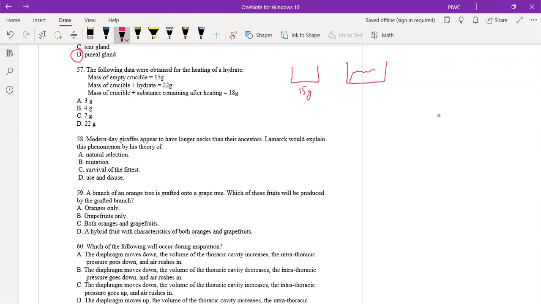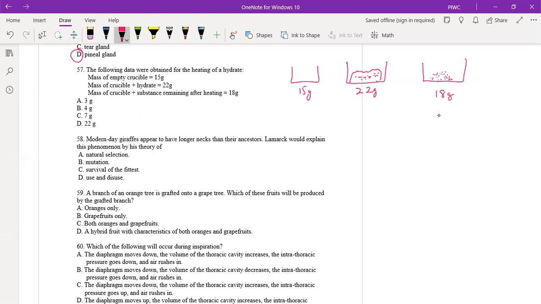Hydrate means there's water in whatever you are dealing with. And this gives you 22 grams. And then after heating up this hydrate, you are left with the crucible with the dried form of that substance. And now the whole thing weighs 18 grams.